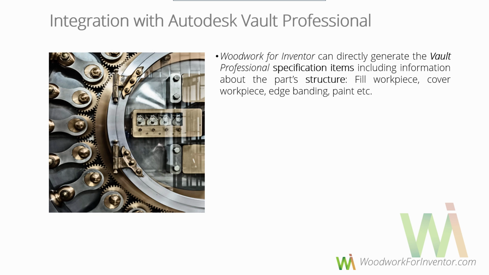But from the woodworker's perspective, each part is like a small assembly, a set of components like the edge banding, the covers on the workpiece, maybe some paints, lacquers, etc. So all those items can be exploded from the single part and then provided to Vault Professional.